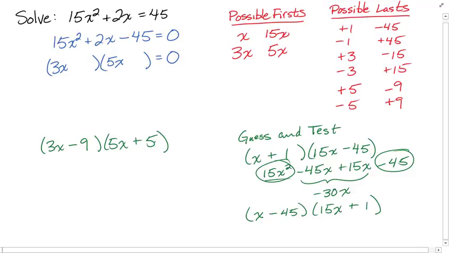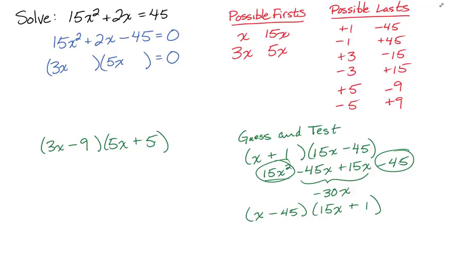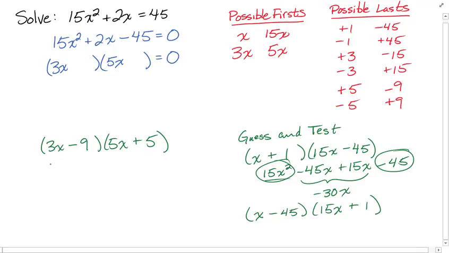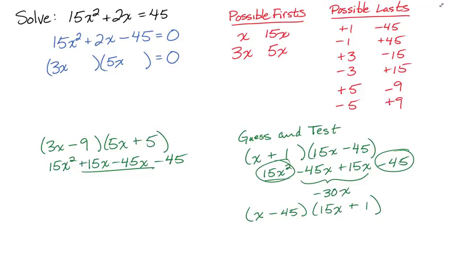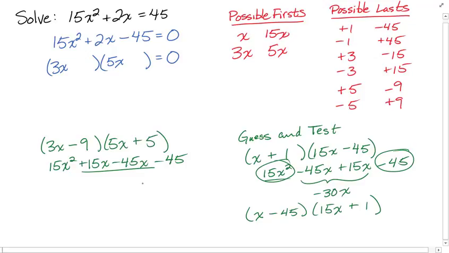Again, there are some reasons why, if we're really paying attention, we would know this doesn't work to begin with. But if not, that's okay, because we can just FOIL it out. First times first. There's the first. There's the outer. There's the inner. And there's the last. And notice, that's going to give us a minus 35x plus 15x, which is minus 30x. So that's not going to work.